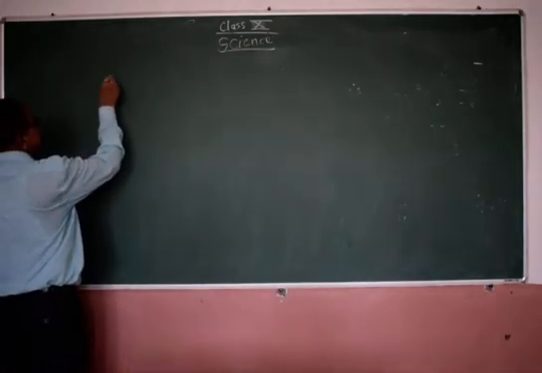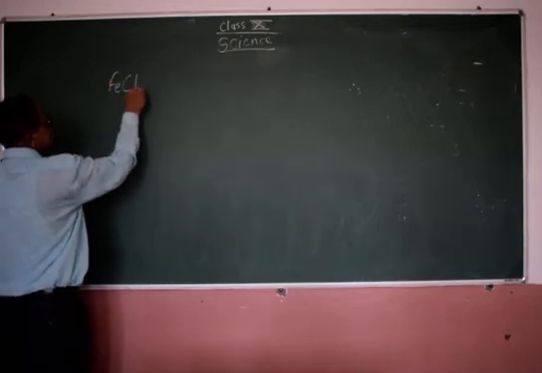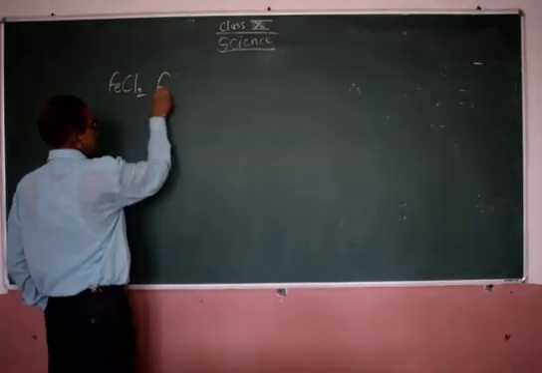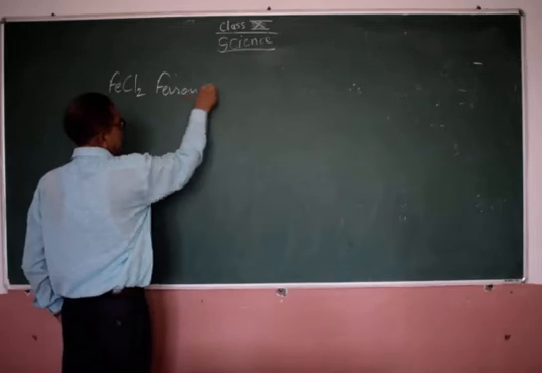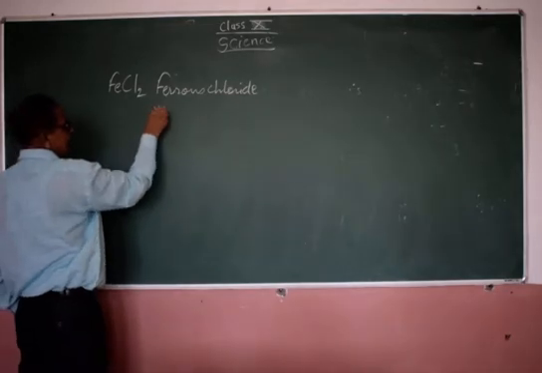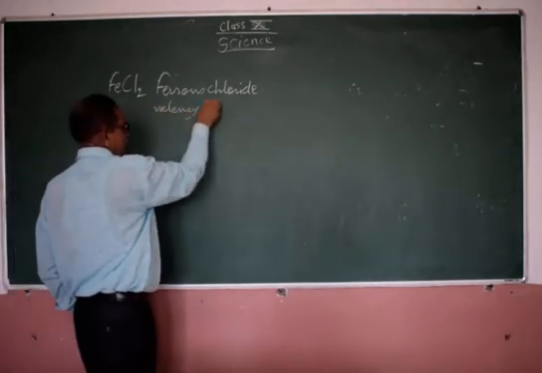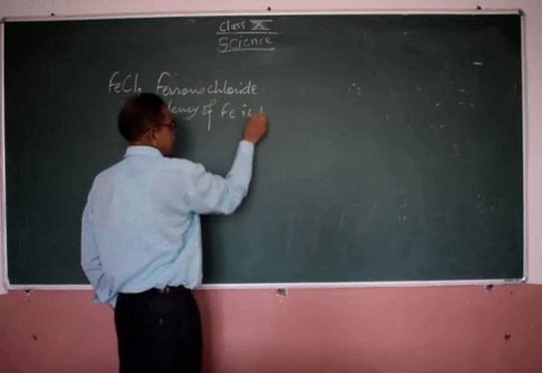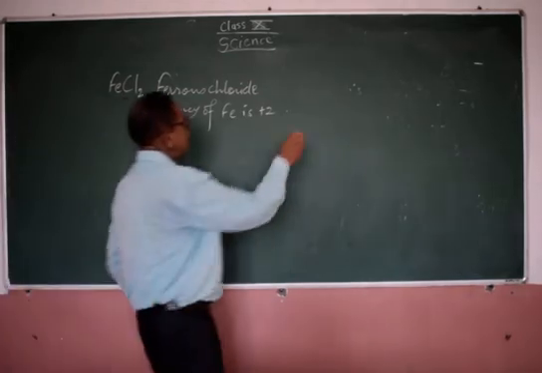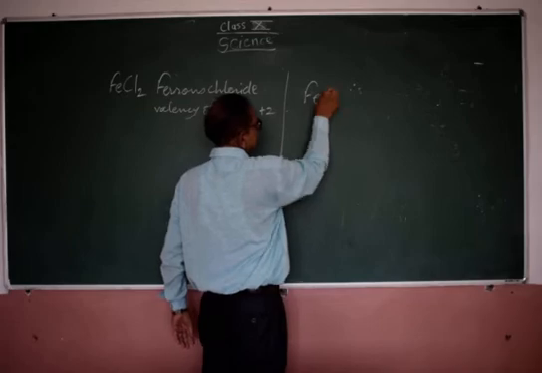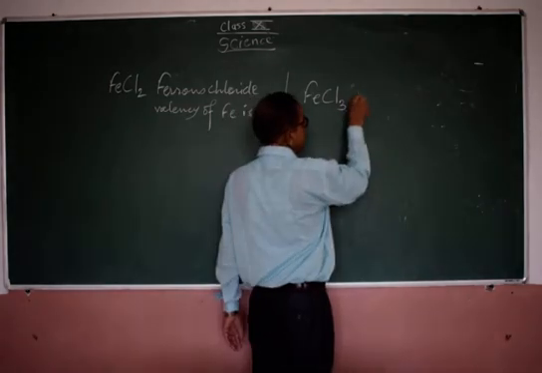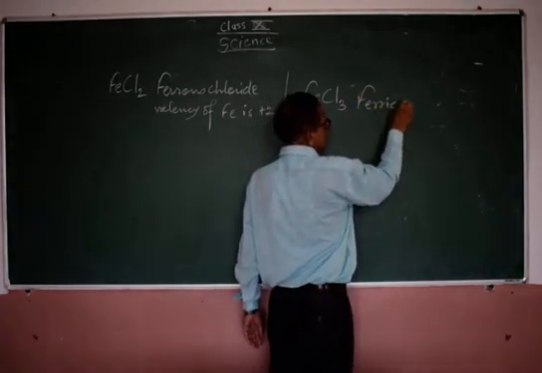For example, FeCl2, having the name ferrous chloride. And here the valency of Fe is plus 2. And then see another compound, FeCl3, named ferric chloride.